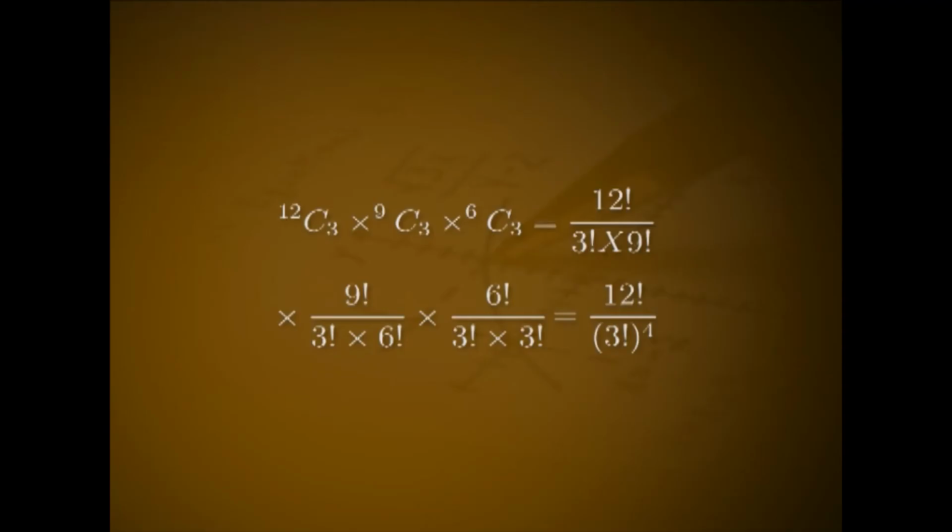Thus, the total number of ways the 4 packets are made ready is 12C3 into 9C3 into 6C3 equals 12 factorial by 3 factorial into 9 factorial, into 9 factorial by 3 factorial into 6 factorial, into 6 factorial by 3 factorial into 3 factorial, equals 12 factorial by (3 factorial) raised to 4.